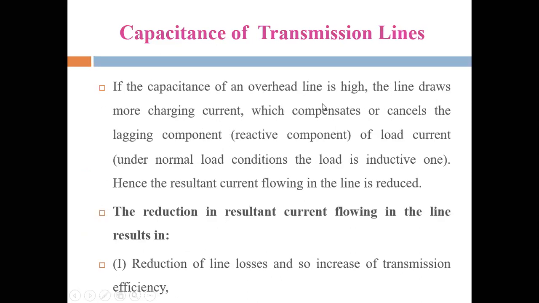If the capacitance of an overhead line is high, that line draws more charging current. That means IC depends upon the capacitance. Therefore, when the capacitance value increases, IC also increases without increasing the voltage.